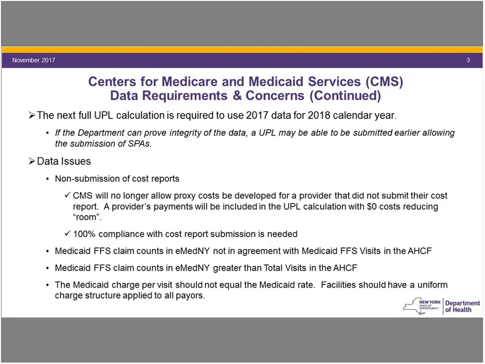So if you're looking at your charges and your Medicaid charge per visit comes out to be your Medicaid rate, what it means is that your charge structure is your Medicaid rate. And we felt that that can't be possible because there should be a uniform charge structure across all payers, and most likely it's not your Medicaid payment that you're using as your charge structure.